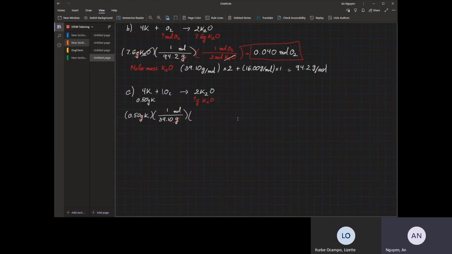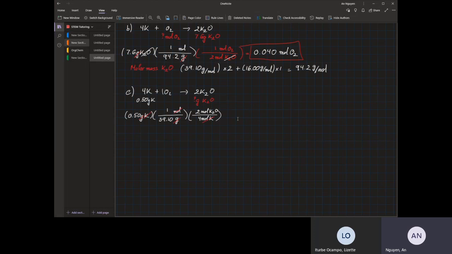Now we do the conversion to find the moles of K2O. So we can see that there's 2 moles of K2O for every 4 moles of K from the balanced equation. So we can see that moles of K cancel here. So we have moles of K2O.